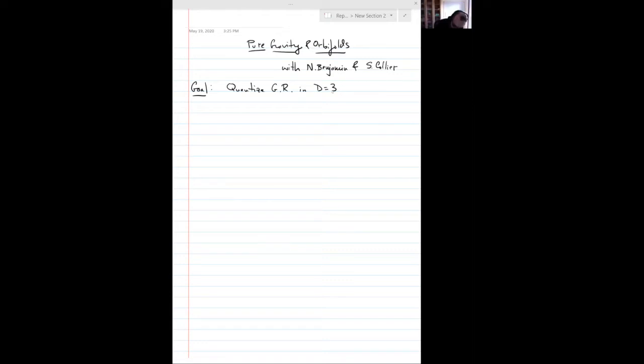And when I talk about general relativity, I really mean general relativity. So the action is the usual Einstein-Hilbert action, but I'm going to include a negative cosmological constant, which is the second term in the Einstein-Hilbert action that I have written down here.